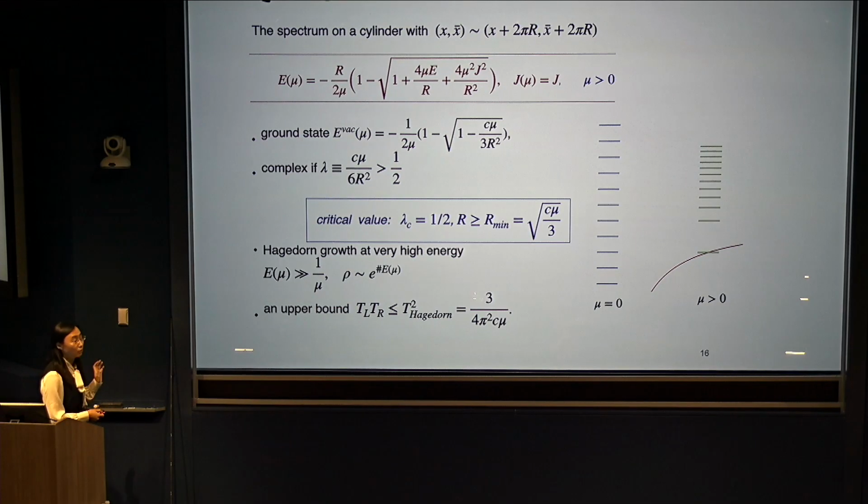So if we want a theory to be unitary and good for all states, we probably want to work with the positive combined parameter lambda between 0 and a half.